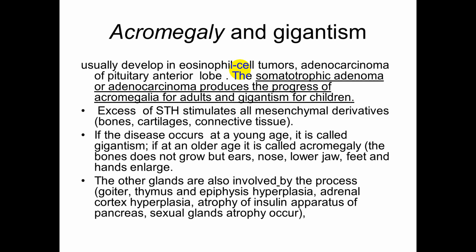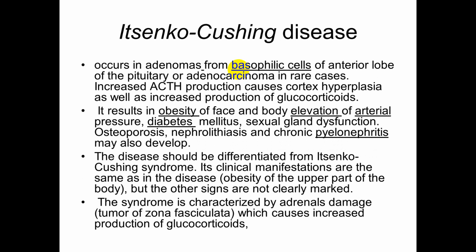The other glands are also involved by the process. Goiter, thymus and epiphysis hyperplasia, adrenal cortex hyperplasia, atrophy of the insulin apparatus of the pancreas, sexual gland atrophy occur. The next disease by injury of the hypophysis is Itsenko-Cushing disease.